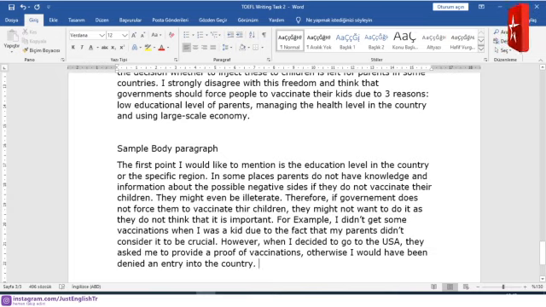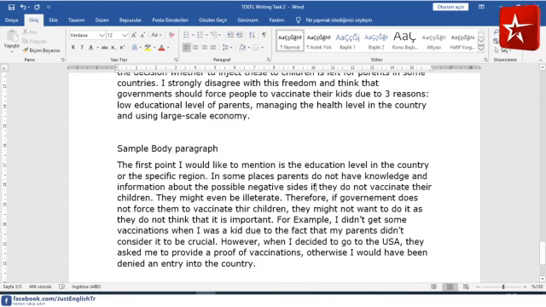Okay, so my body paragraph is something like this. Now let me read it because I might have made some mistakes. So let's check together what I have written. The first point I would like to mention is the education level in the country or the specific region. In some places, parents do not have knowledge and information about the possible negative sides of not vaccinating their children.